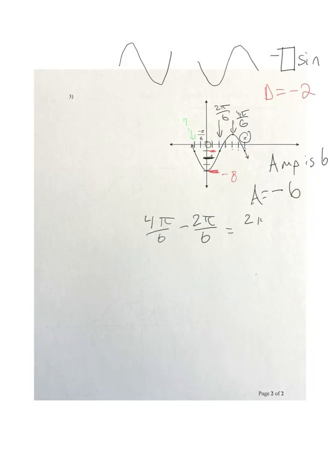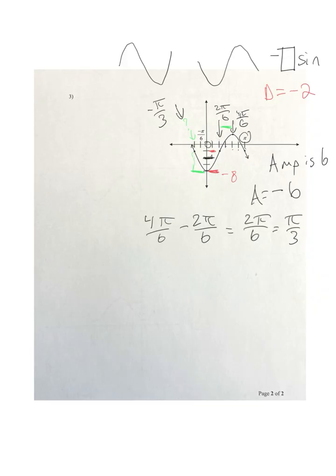So 2 pi over 6, pi over 3 for an increment. And since I see that same increment from here to here, that would be the same as here to here. So that would be negative pi over 3. So that question mark there would be negative pi over 3, because that's coming back from 0.